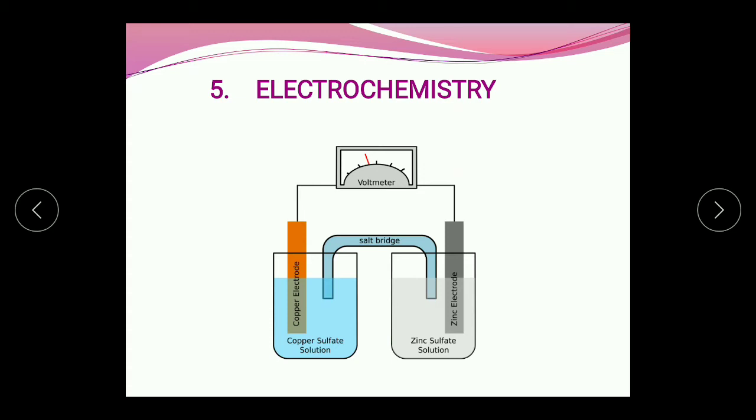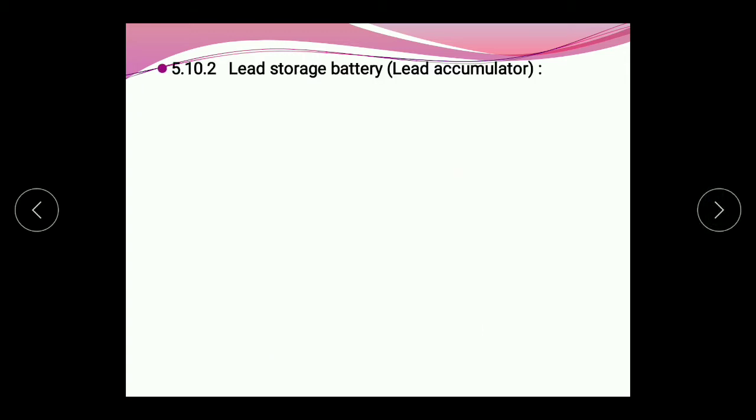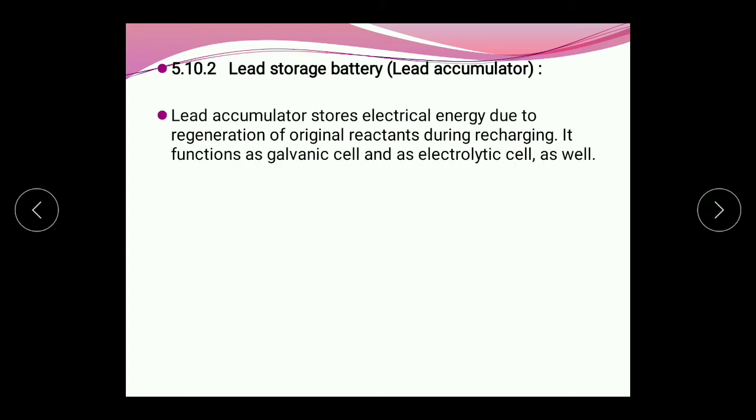So the example of secondary voltaic cell which we are going to study today is the lead storage battery, or we call it lead accumulator. This lead accumulator stores electrical energy due to regeneration of original reactants during recharging. It functions as a galvanic cell and as an electrolytic cell as well.